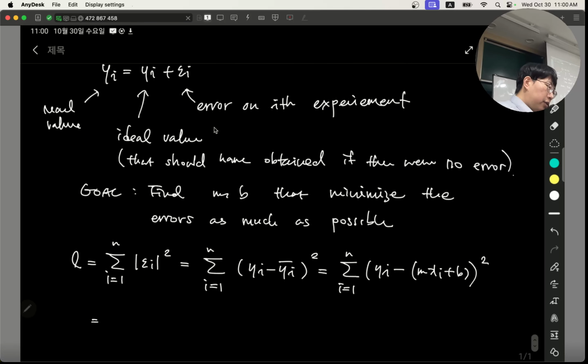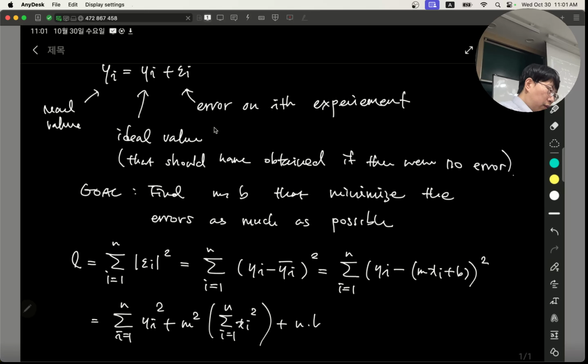And let's expand this a little bit. So we have the sum from i equals 1 to n of yi squared, plus m squared times the sum of xi squared, plus n b squared, and then minus 2m times the sum of yi xi.